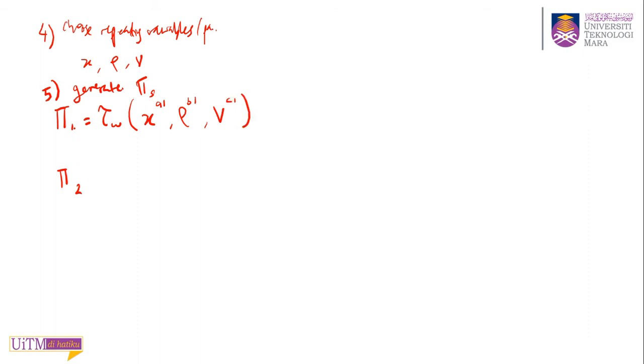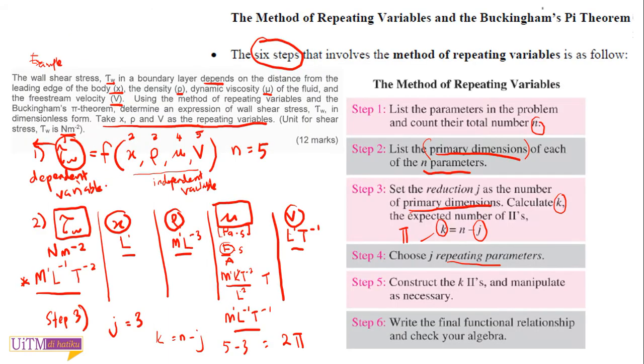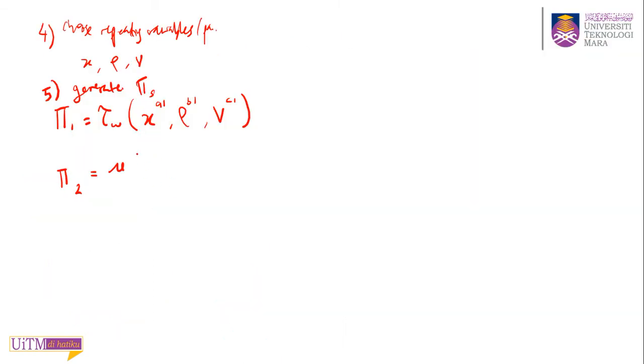So this is the first pi that we will generate, and for the second pi we use the other non-repeating variable, which is the mu, times the repeating variables again.